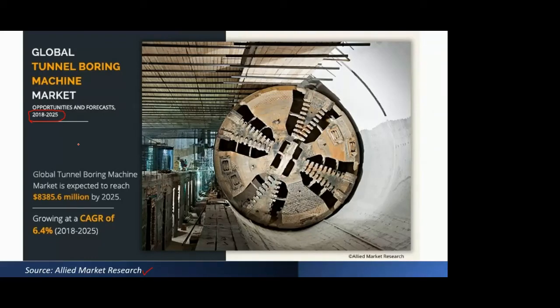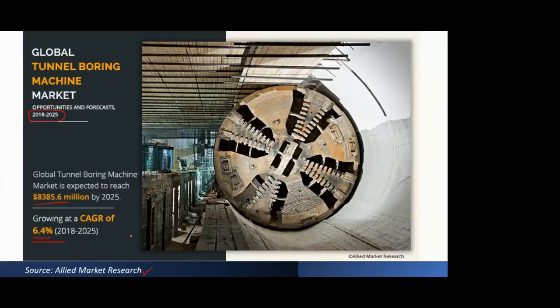They researched and extrapolated the data to get the market trend. The tunnel boring machine market is expected to reach $8,000 million by 2025, and the growth rate is 6.4. That means every year there is steady growth in this market.